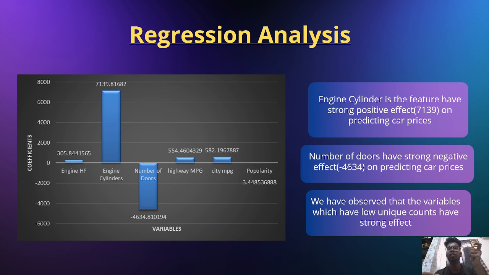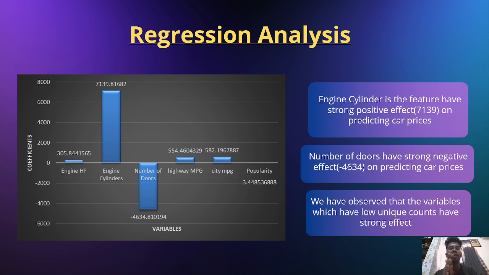On number of doors, you can see that the bar is quite long compared to the other variables. Number of doors has a strong negative effect, minus 4,634, on predicting car prices. What we have observed is that the variables which have low unique counts have a strong effect.